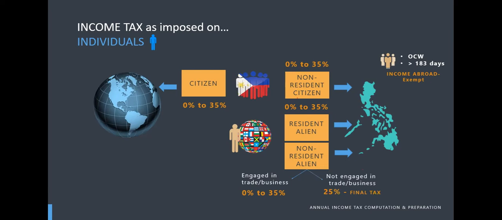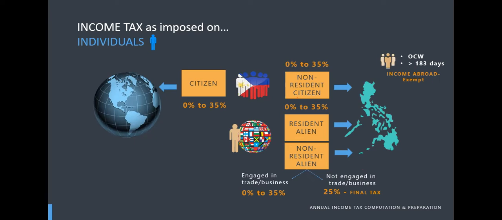while for the non-resident aliens, it could be classified as engaged in trade or business and not engaged in trade or business. How to determine if a non-resident alien is engaged in trade or not? The 180 days period test.